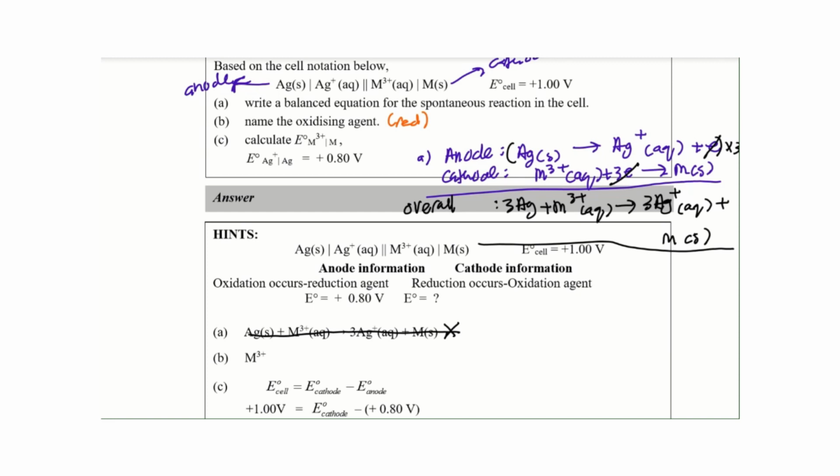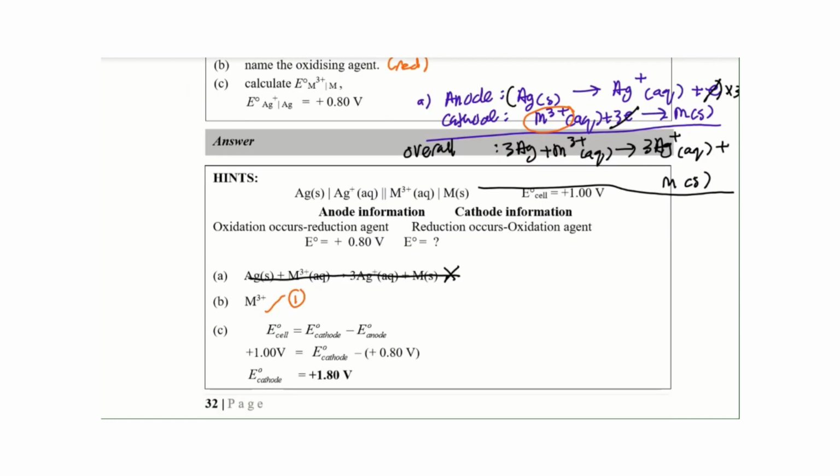The answer is here. M3+ is the oxidizing agent. Why? Because M3+ accepts electrons, because M3+ undergoes reduction.